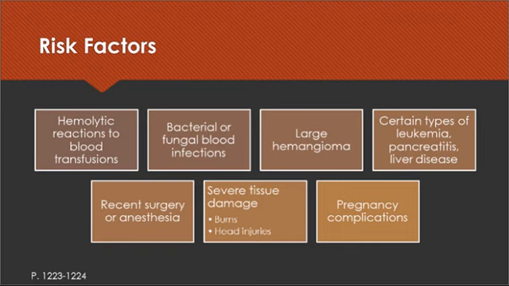Bacterial or fungal blood infections, like I said, often it's sepsis. A large hemangioma, certain types of leukemia, pancreatitis, liver disease, recent surgery, anesthesia, severe tissue damage such as burns and head injury, significant trauma, and complications from pregnancy.